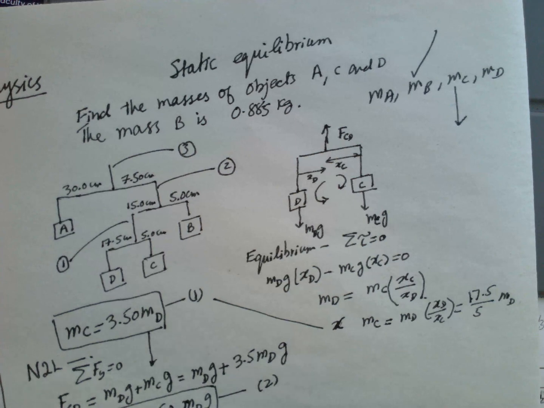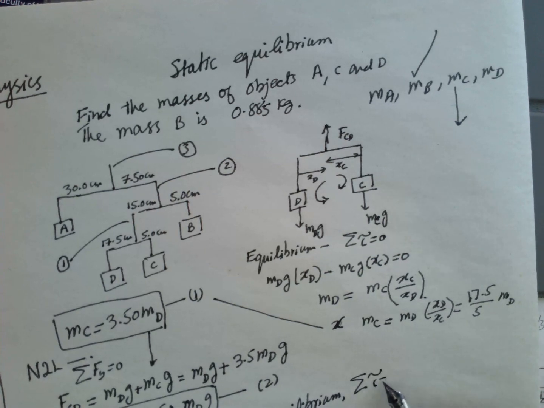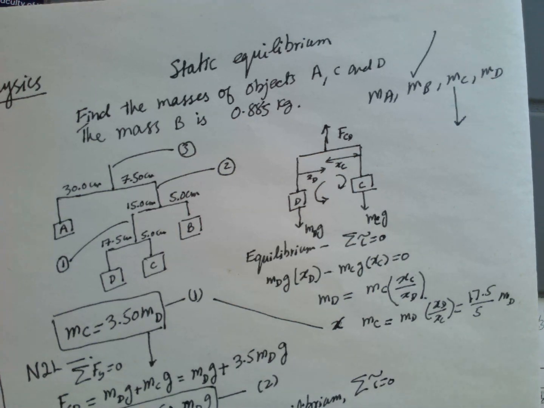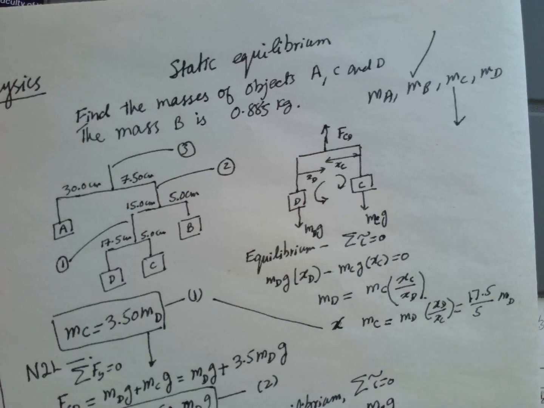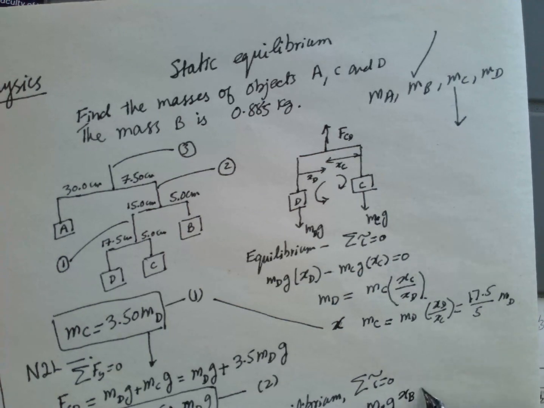Now this is in equilibrium. If it's in equilibrium, then the sum of the torque is equal to 0. The pivot is this one, so this contribution is 0. This one is positive, and this one is negative. So FCD times XCD minus MBG times XB is equal to 0.